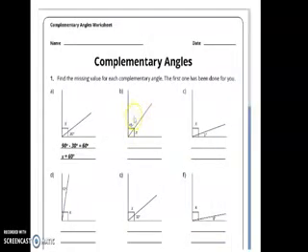Now here is one activity for you. You should copy this activity sheet in your notebook and find the value of x in each angle. One is done for you here. This angle is 30 degrees and you have to find the remaining angle x.